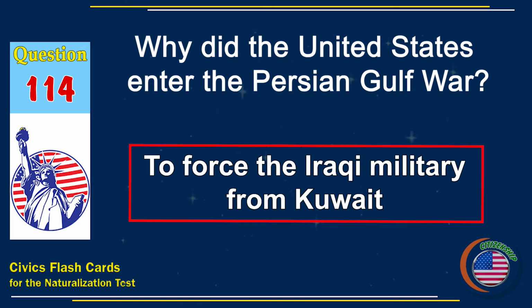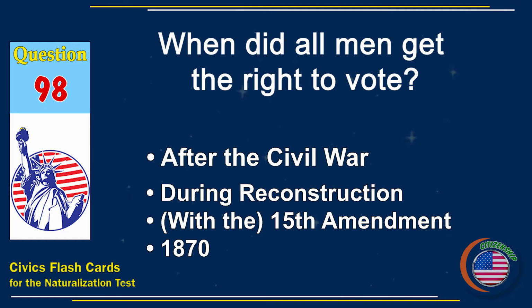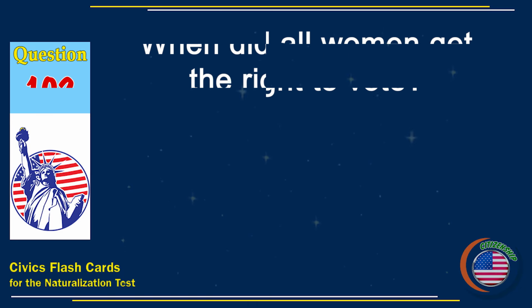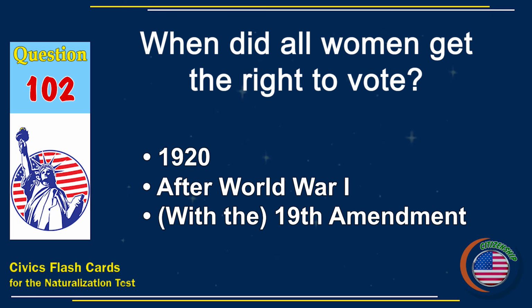To force the Iraqi military from Kuwait. When did all men get the right to vote? After the Civil War. When did all women get the right to vote? After World War I.